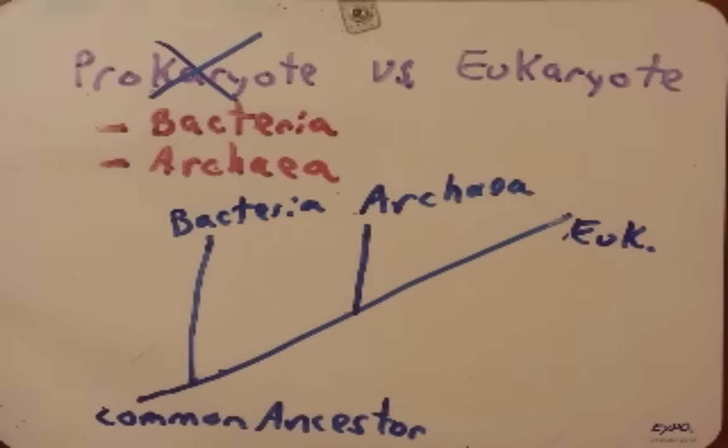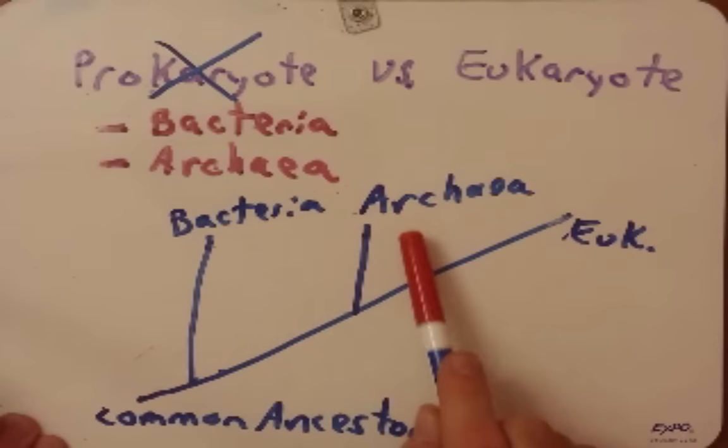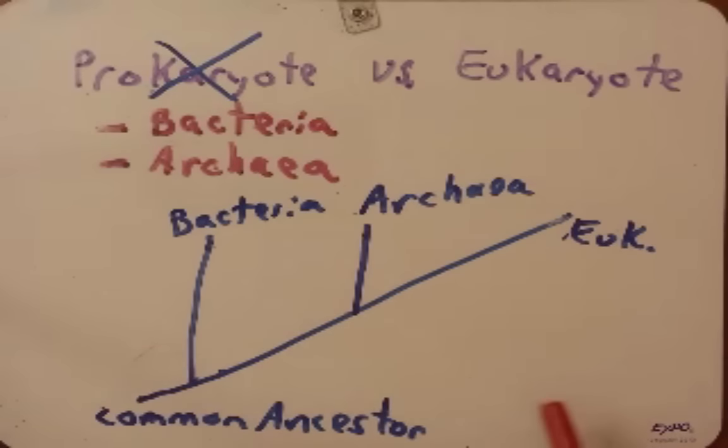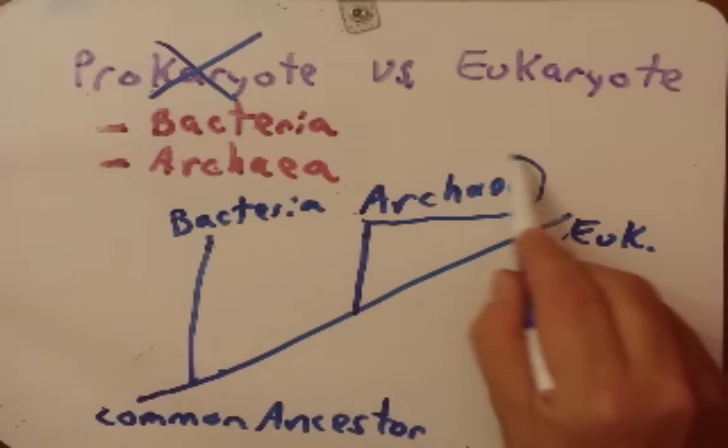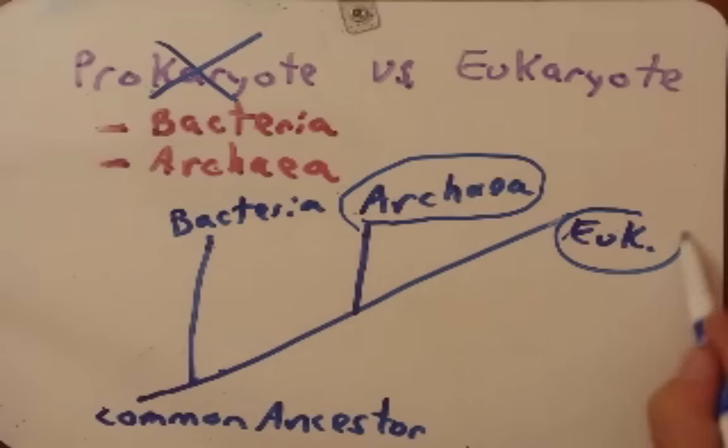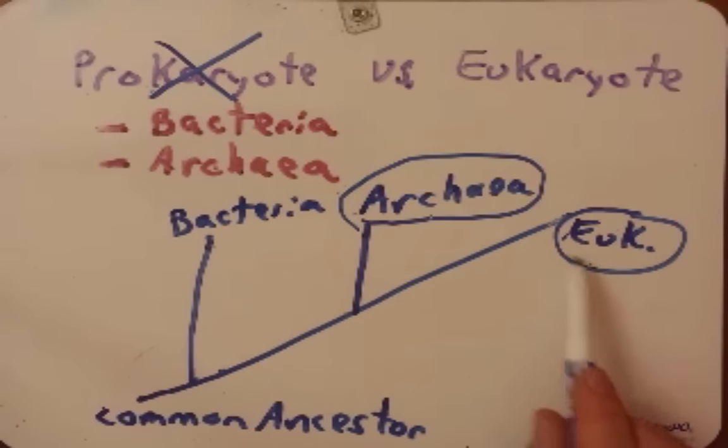And we can break these down a lot more, and we will later on towards the end of the semester. But for now, what I really want you to focus on is the fact that bacteria and archaea are separate groups, and they should not be lumped under prokaryotes. When we do a genome investigation of archaea and eukaryotes, we realize that archaea and eukaryotes are much more similar to each other than either eukaryotes or archaea are to bacteria.